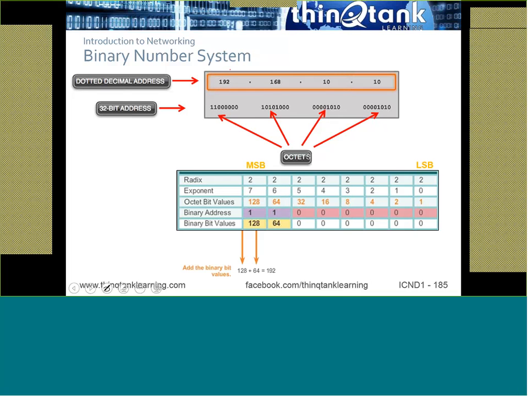Conversely, if you have a decimal value and you want to represent the binary equivalent, you turn on the columns that add up to that decimal value. So for 10, it would be 0, 0, 0, 0, 1, 0, 1, 0. Very simple, because the 8 and the 2 added together equal 10. You guys agree with that?